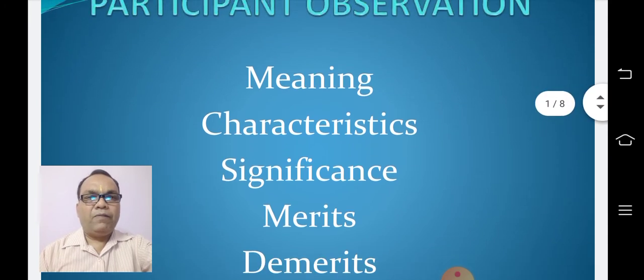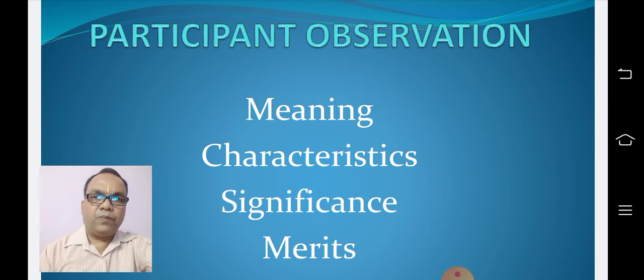By now, we have learned that participant observation is a specific type of observation in which the participation of the observer, participant of the study maker, participant of the scientist must be ensured.